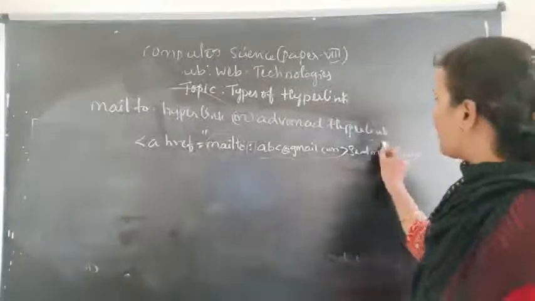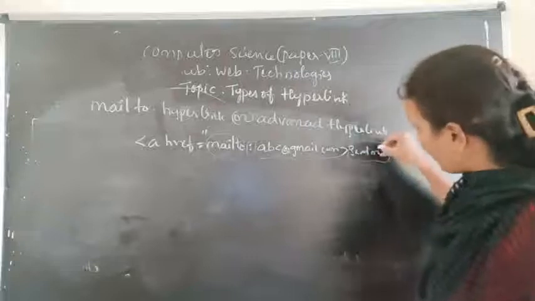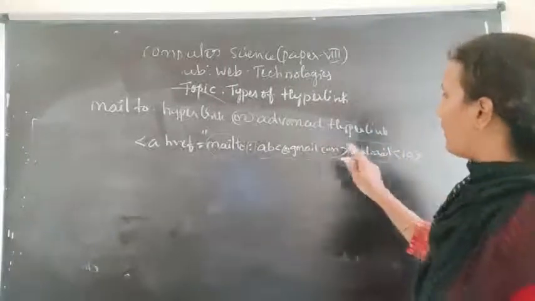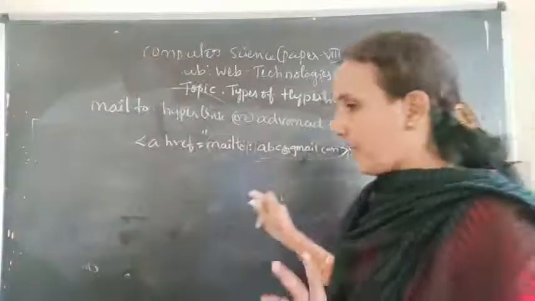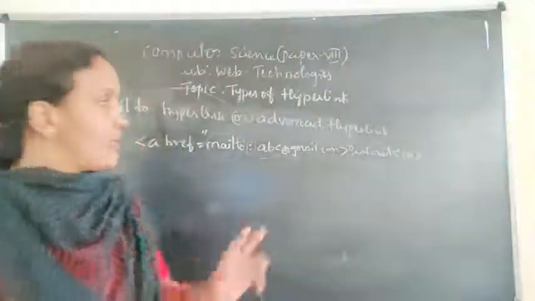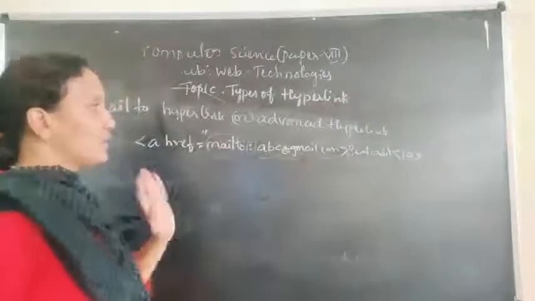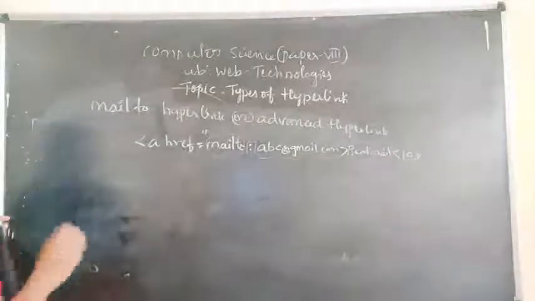This is the hypertext. When the user clicks on this, the link will be activated, which means a direct message can be sent to this particular mail ID. So this is a mailto hyperlink.